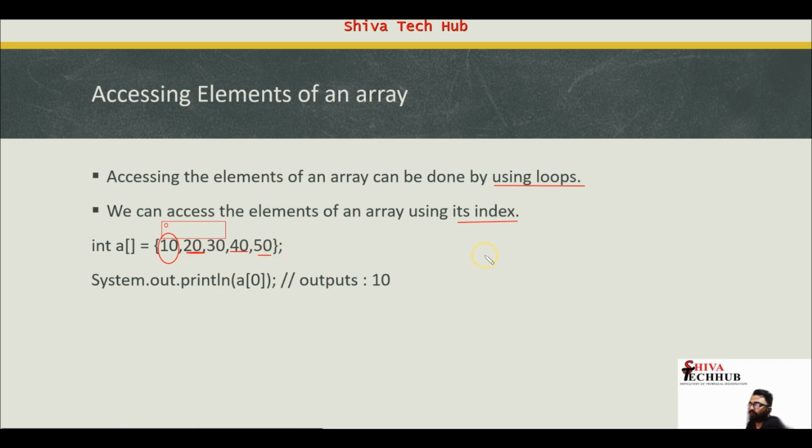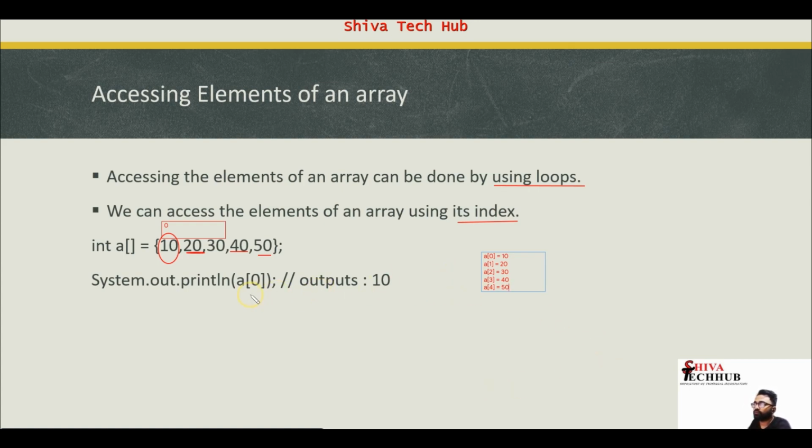So for example, if I have to write it based on the index and the value, a of 0 is nothing but 10, A of 1 equal to 20, A of 2 equal to 30, A of 3 equal to 40, A of 4 equal to 50. So this is how we can access the elements of an array using its index.